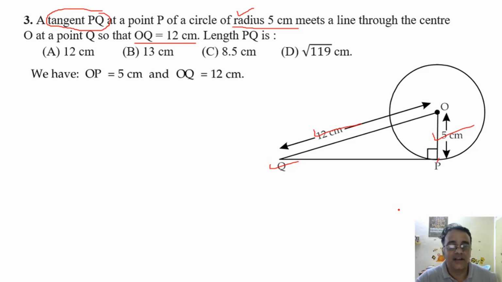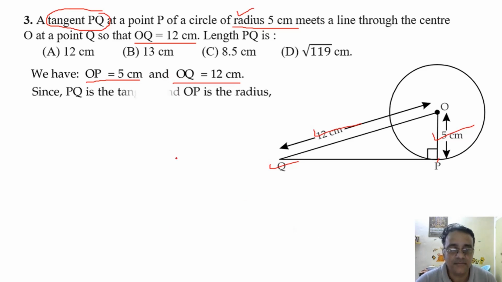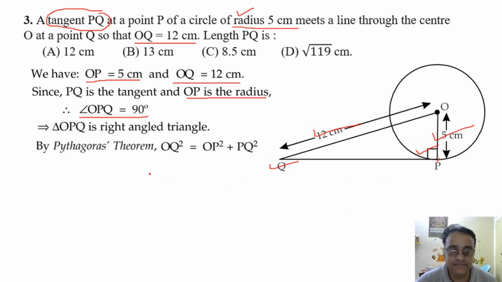Now we have OP equal to 5 centimeter and OQ equal to 12 centimeter. Since PQ is a tangent and OP is the radius, and tangent is perpendicular to the radius, this angle is 90 degrees. Now in this triangle, by Pythagoras theorem, OQ square equals OP square plus PQ square, where PQ is unknown.